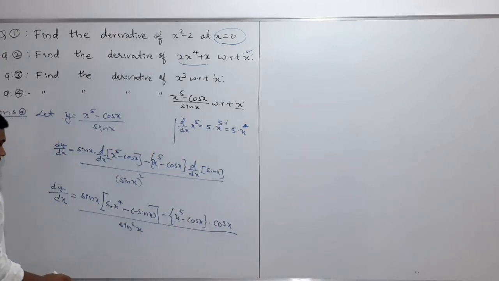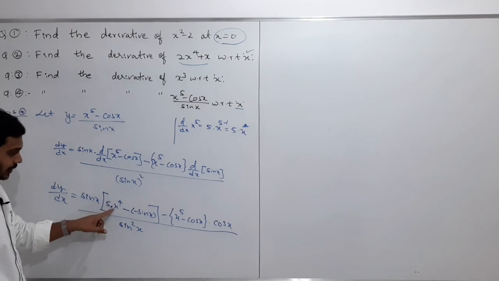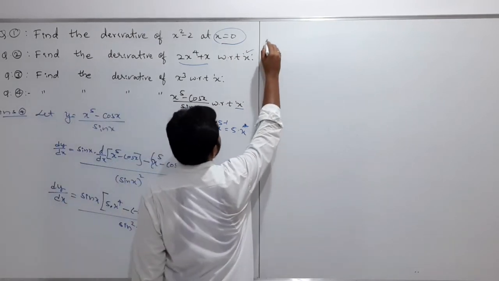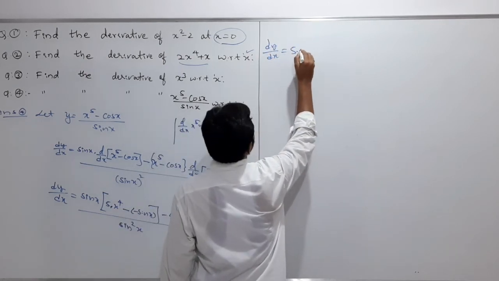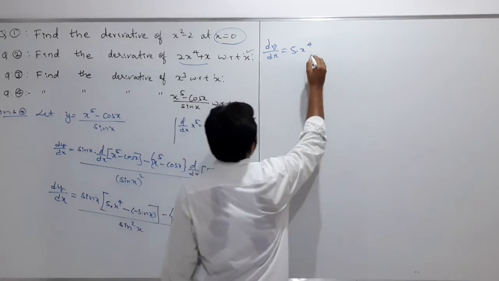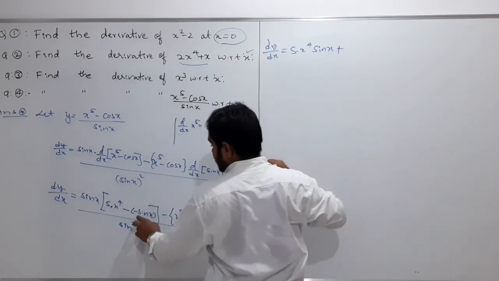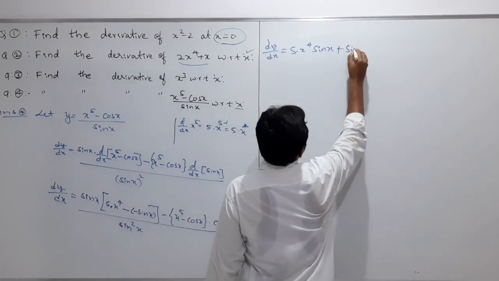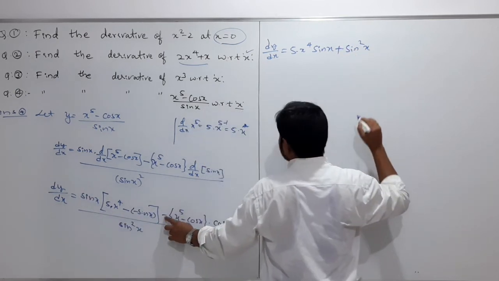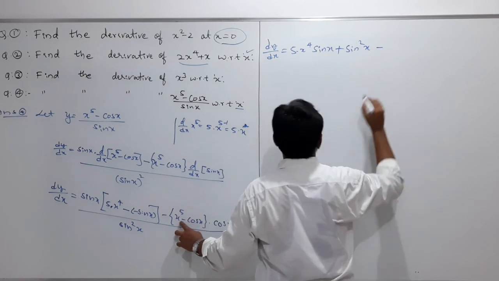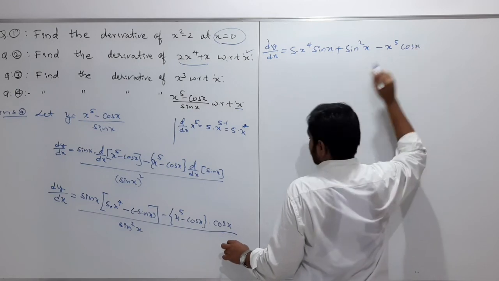If you further simplify, you can write it as sin x into, take this sin x inside the bracket, sin x into 5 into x to the power 4. So I can write dy by dx is equals to 5 into x to the power 4 into sin x, minus minus it is plus, sin x into sin x is sin square x, minus x. This is all we simplified. So next, minus into x to the power 5, x to the power 5 into cos x, that is minus x to the power 5 cos x.